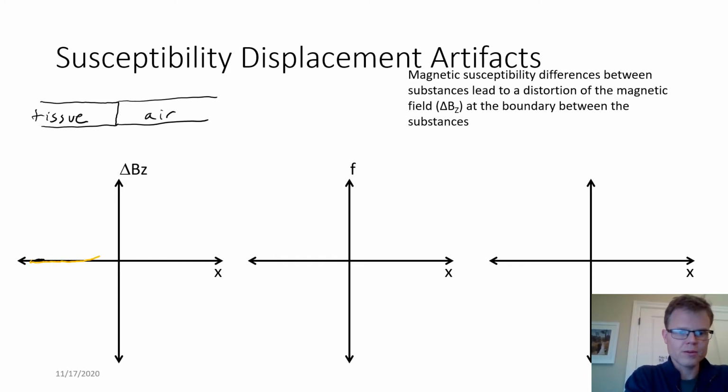So normally, we would expect this to be 0, but we actually get this type of distortion of the magnetic field. Okay. And this is due to the boundary conditions coming from the electricity and magnetism physics.